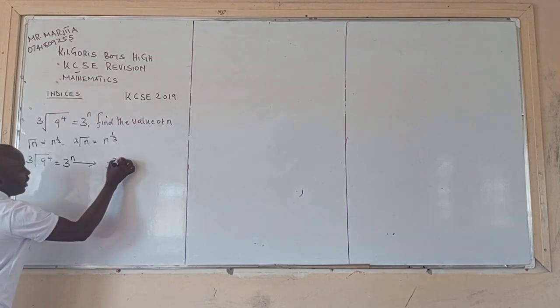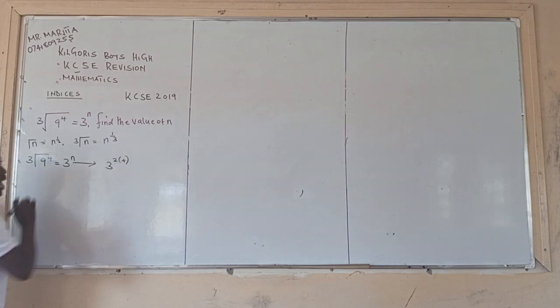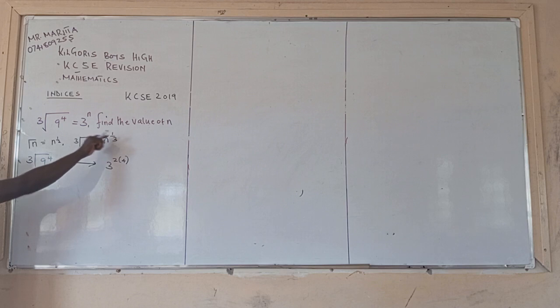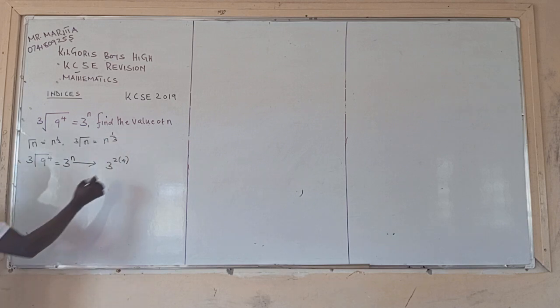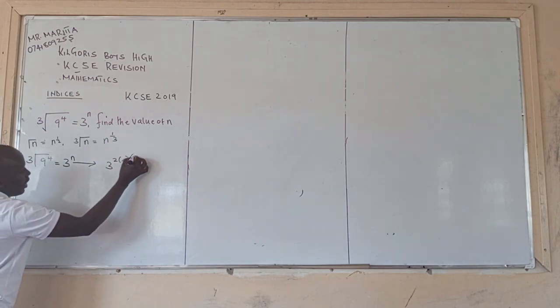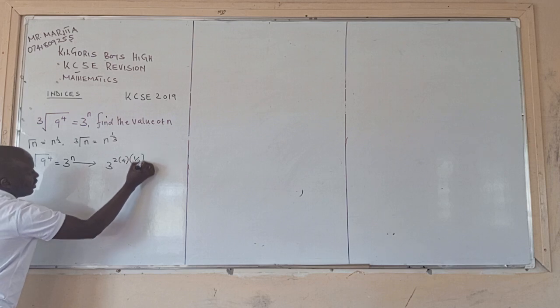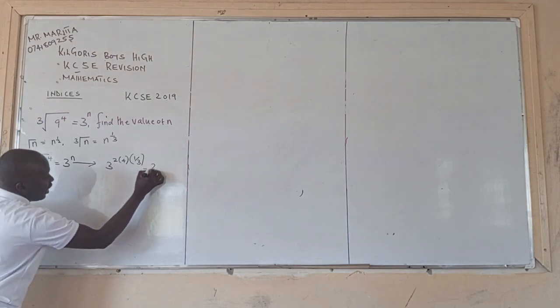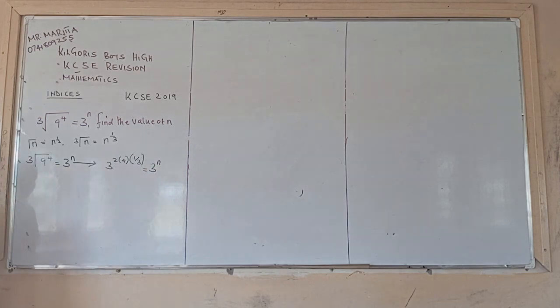Then using the principle that a cube root of n is equivalent to n raised to 1 over 3, we raise this by 1 over 3. This is equivalent to 3 raised to power n.